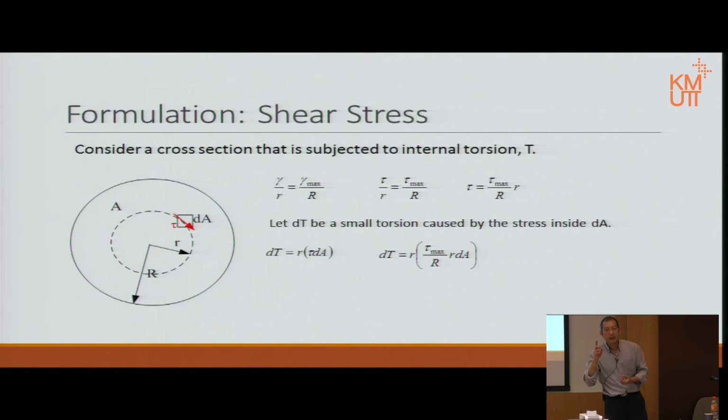It's not changing with the integration over area. So what we want to do is reduce the variables, in this case the tau. We change this shear stress into that form, and hence we can rearrange it as such. Once we put in the integration, these two terms are constant, therefore they can come out of the integration.